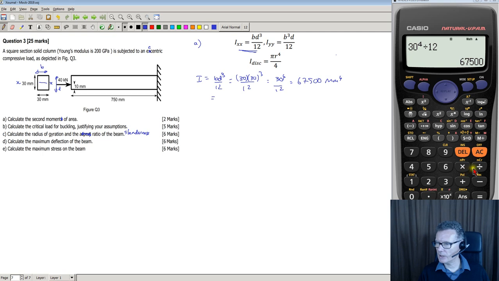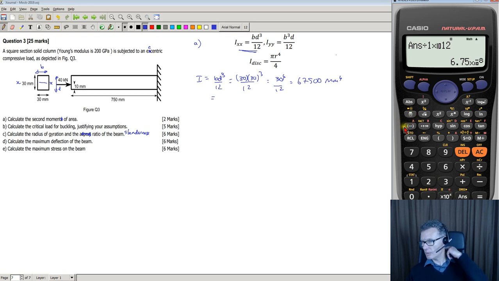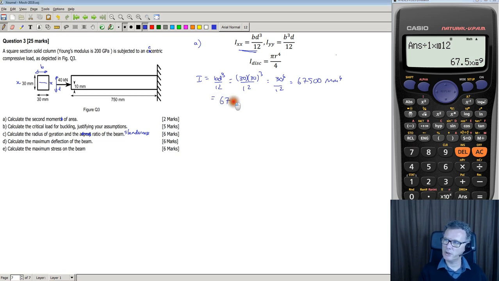Let's work that out in SI units, in meters, so divided by a billion. That is 67.5 times 10 to the minus 9 meters to the power 4. So that's part A done.